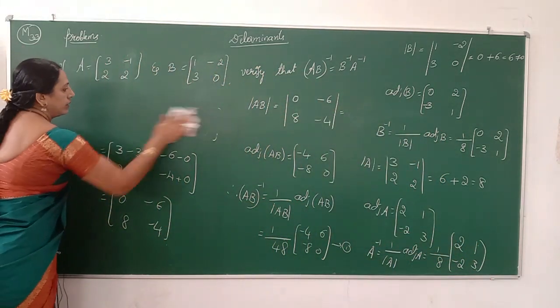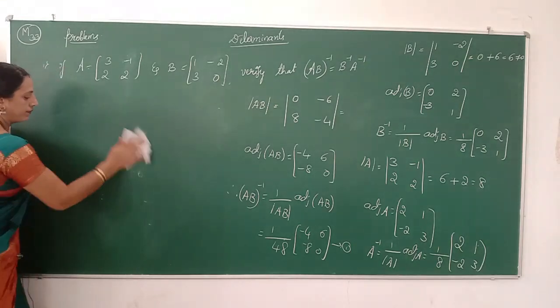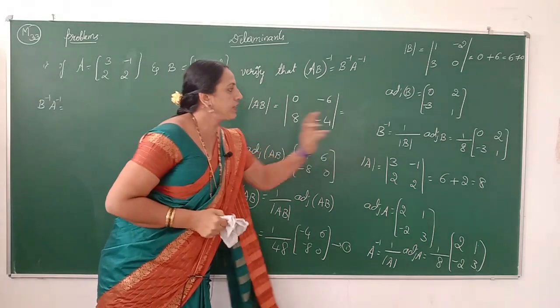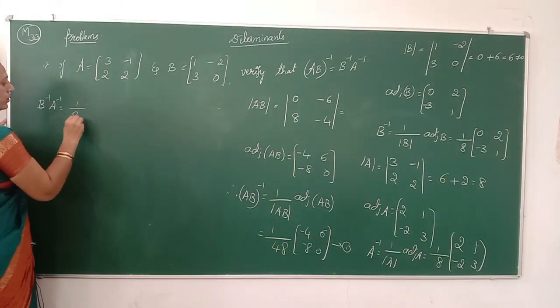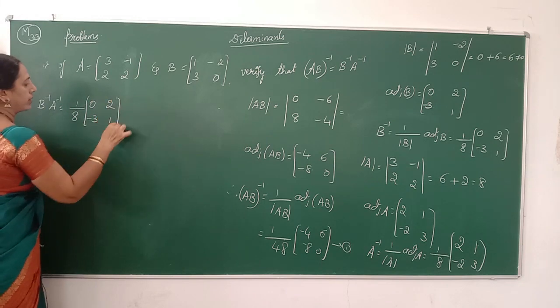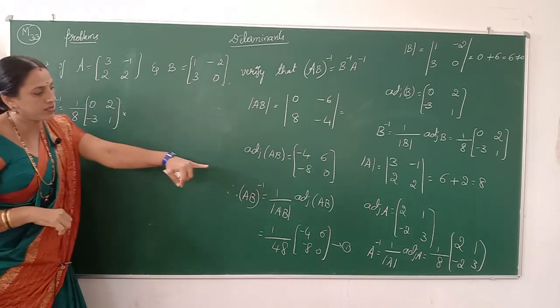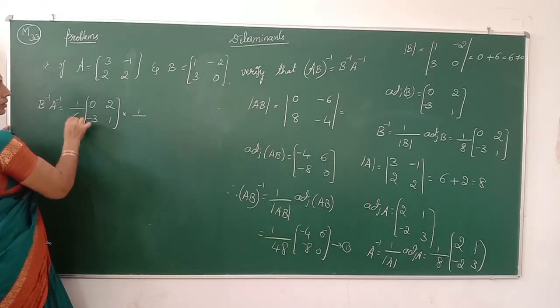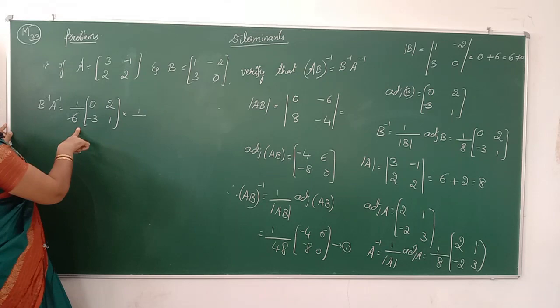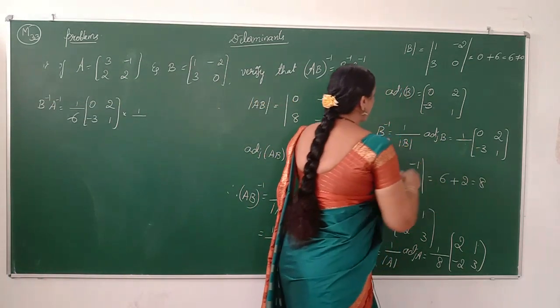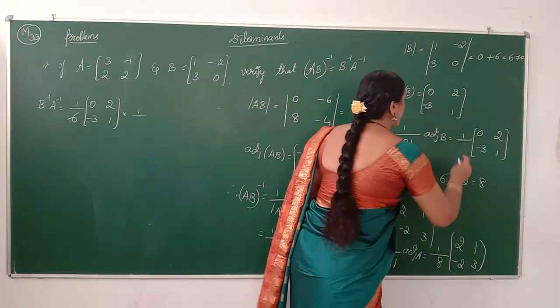Then we will consider B inverse into A inverse on the right hand side. Now the elements of B inverse... we will make a correction: the determinant of B is 6.